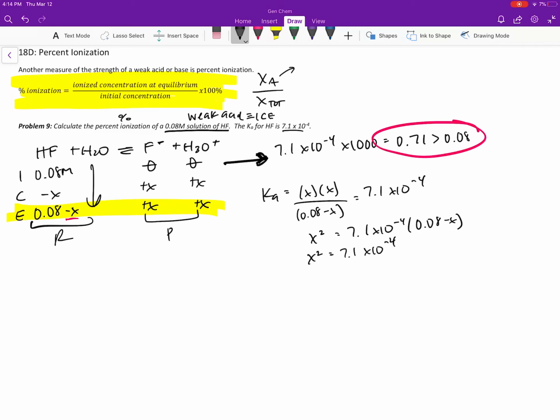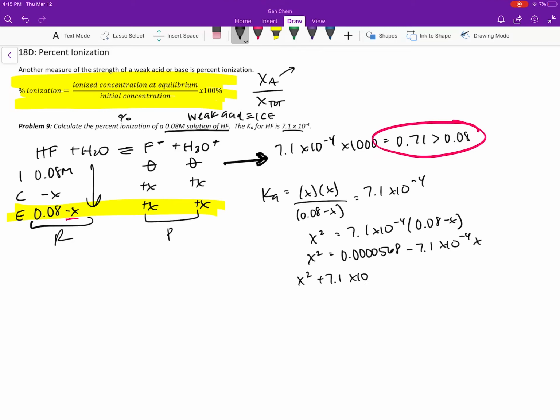Distributing the, sorry, let me do that the other way. I don't like putting negatives in front of numbers like that. Take the Ka and multiply it by the initial concentration, and take the Ka and multiply it by the minus x.